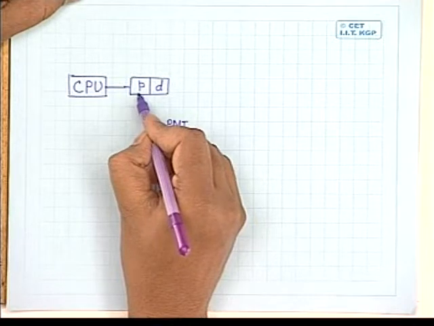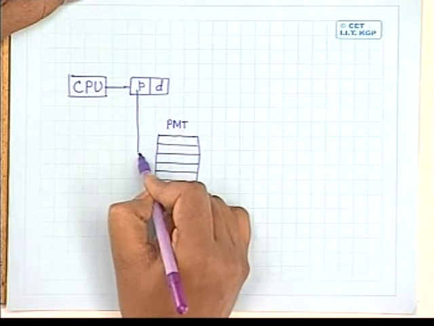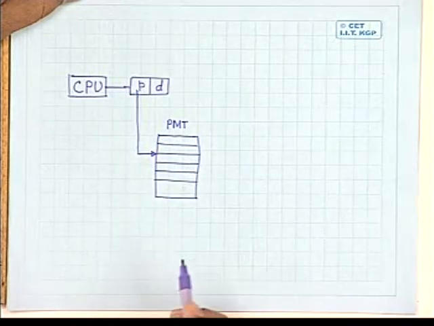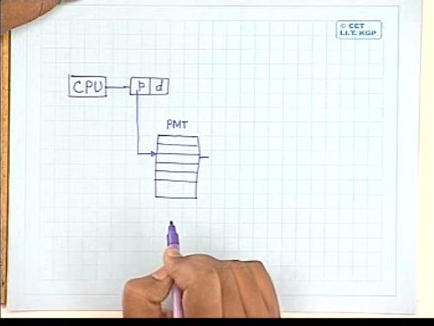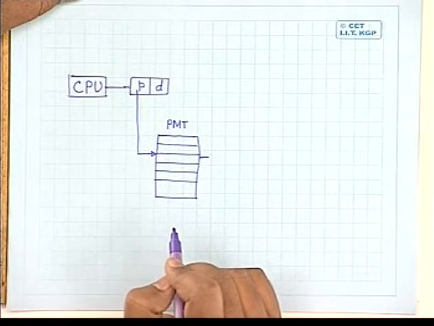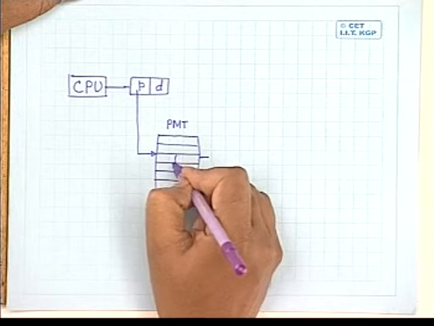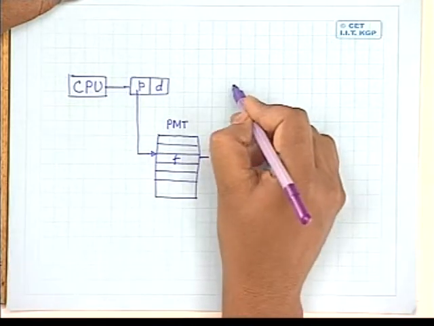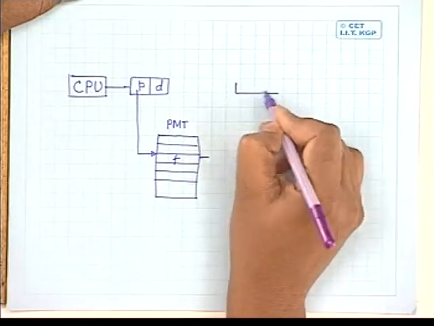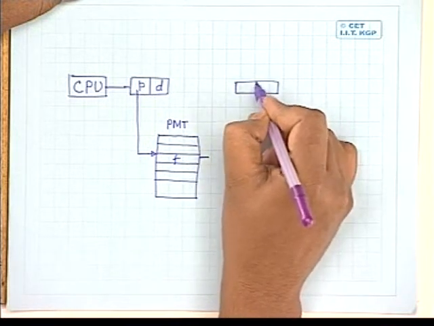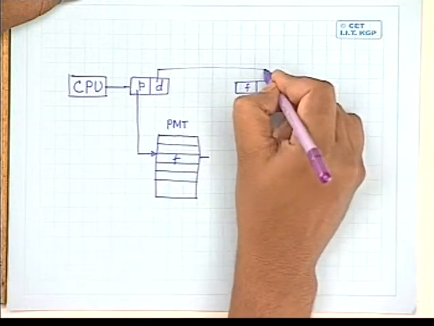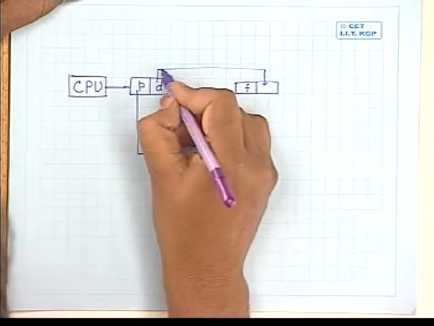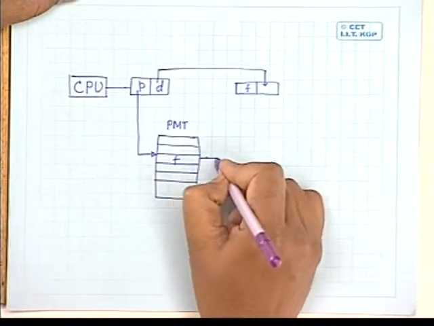So if I use this page number as an index to this page map table PMT, the output of the corresponding entry in the PMT will be the frame number where the page is loaded. Okay. So this is the frame number F. I make use of this frame number along with this offset D. The frame number comes from here.